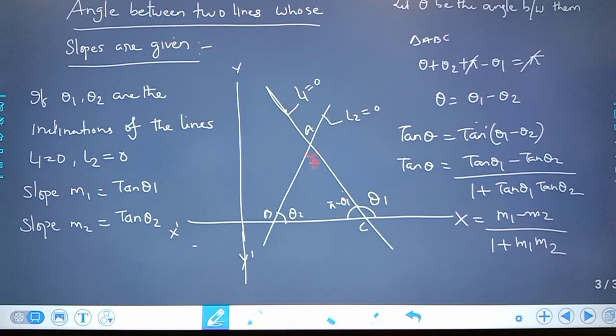What is the angle between two lines? Suppose theta 1 and theta 2 are the two inclinations of the lines L1 equal to 0 and L2 equal to 0, then slope M1 is equal to tan theta 1 and slope M2 is equal to tan theta 2. Let theta be the angle between these two lines.